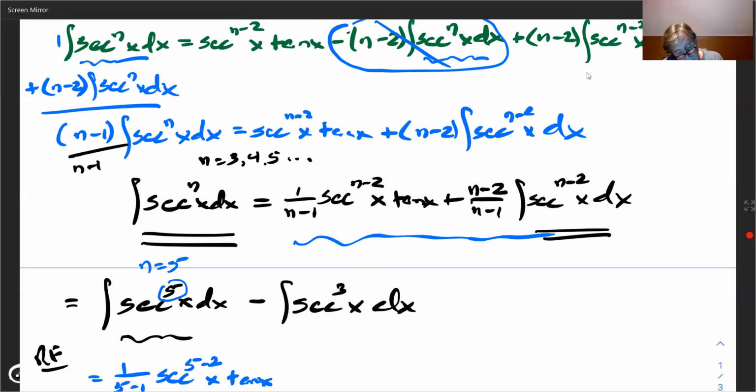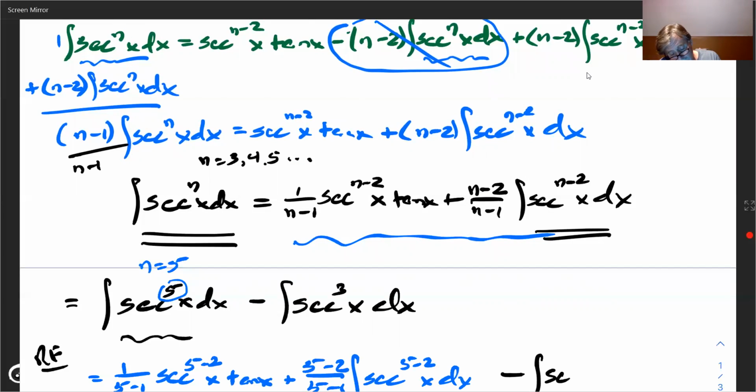And then plus (5-2) over (5-1) integral secant^(5-2) x dx. And then way over here, I'll put this in black so you don't get confused, is minus integral of secant cubed x dx.